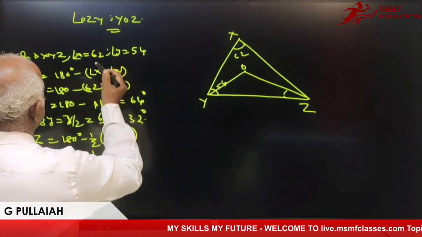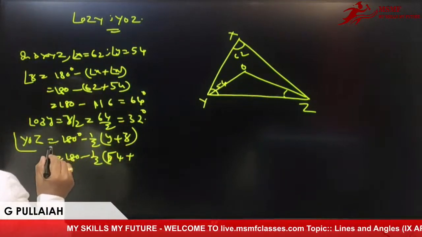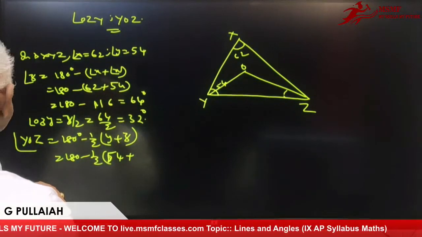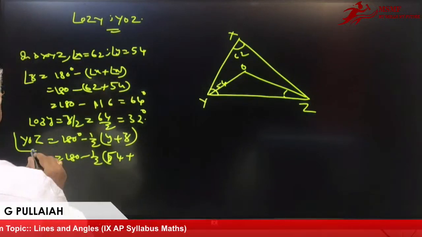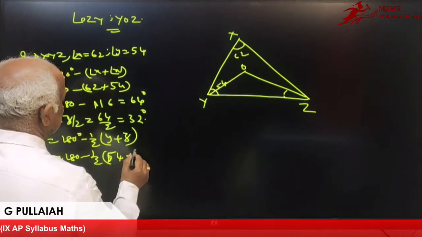Y is equal to 54, okay. Now Z is equal to 64. 54 plus 64.